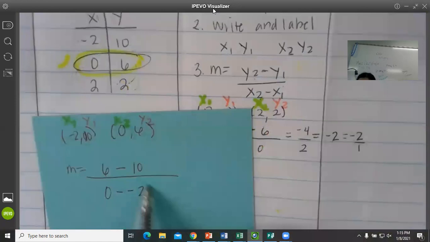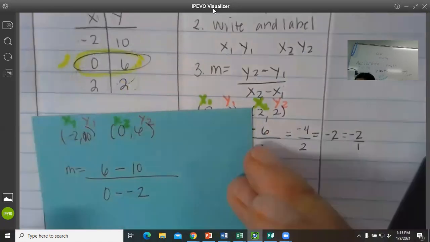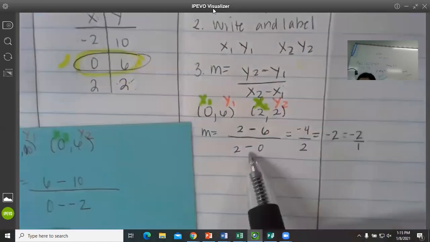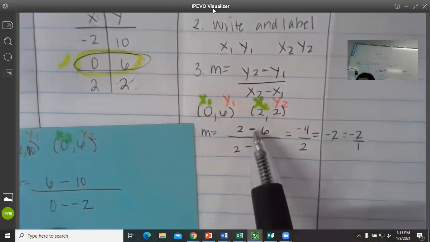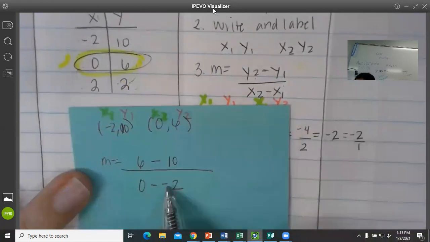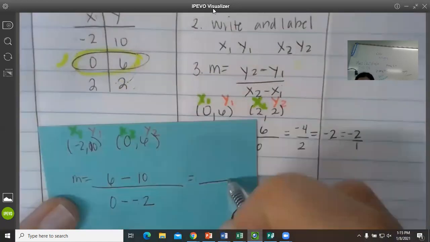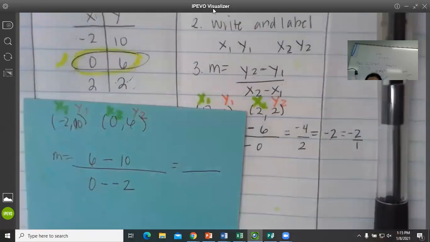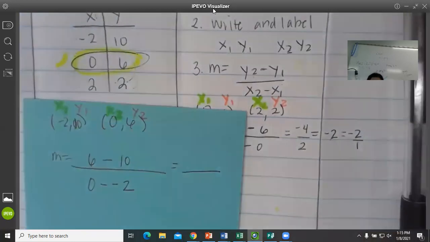Whatever's here, if it's positive, like it was the first time around, or if it's actually negative, like this one, -6, it's +6. So it's just a minus a +6. Here, though, it's minus a -2. So if you're not so great at doing this in your head, you can put it in the calculator. Okay, watch. 6 minus 10.